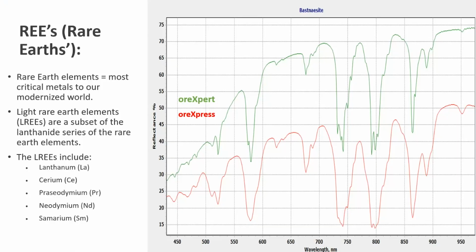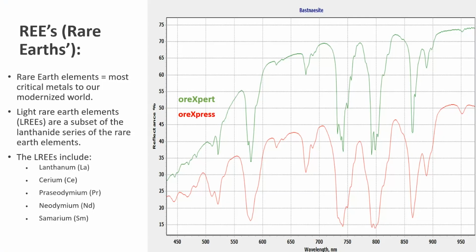Another great application is rare earth elements. They're often called the most critical metals to our modern world. They're essential in everything from renewable energy and electric vehicles to smartphones and advanced defense systems. Within this group of minerals, we have a subset called light rare earth elements, or LREEs.